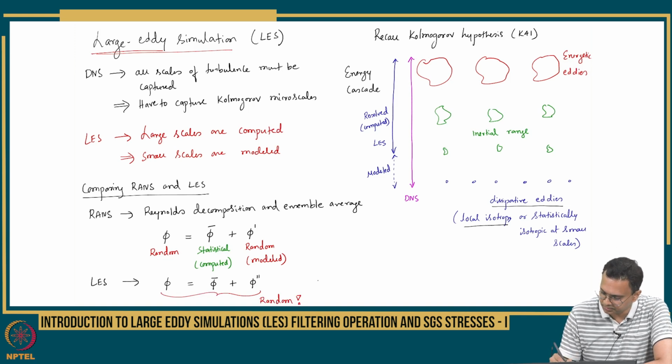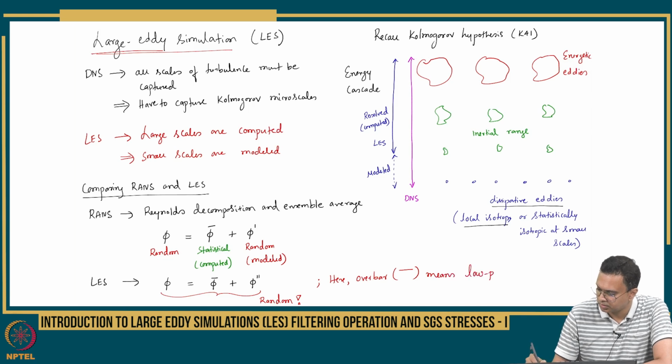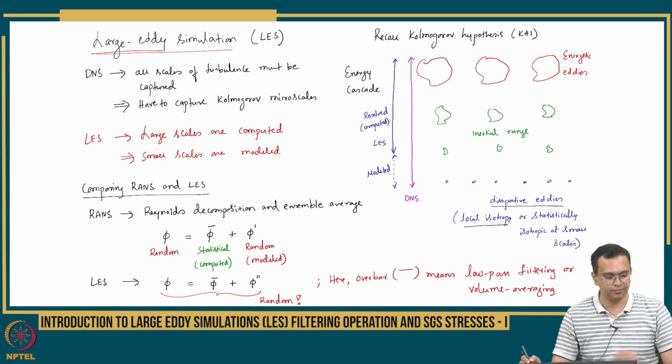Here, this over bar symbol represents volume averaging or low pass filtering. This is different compared to the ensemble averaging, right?